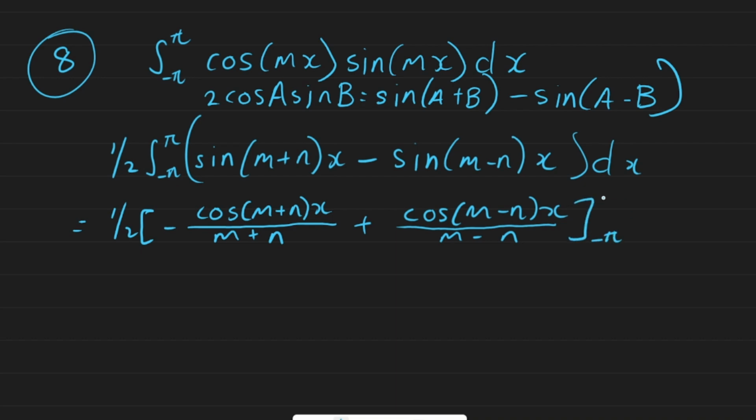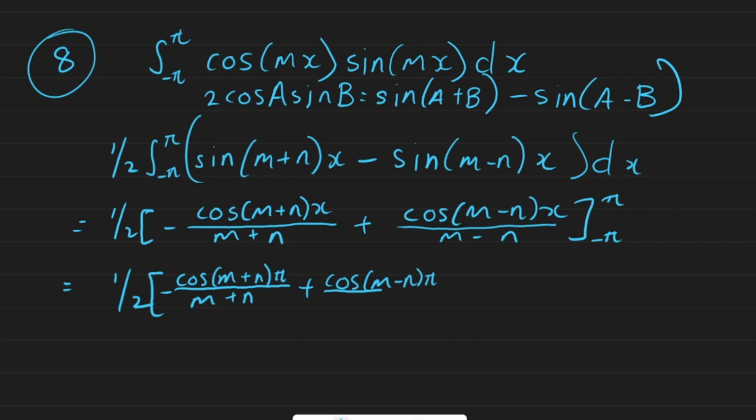This is integrated from minus pi to pi. So substituting in pi, what we get is minus cos m plus n pi divided by m plus n plus cos of m minus n pi divided by m minus n.